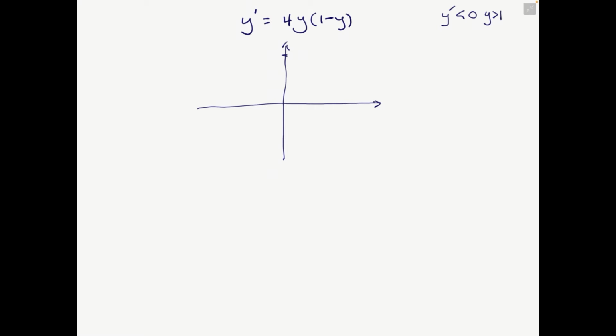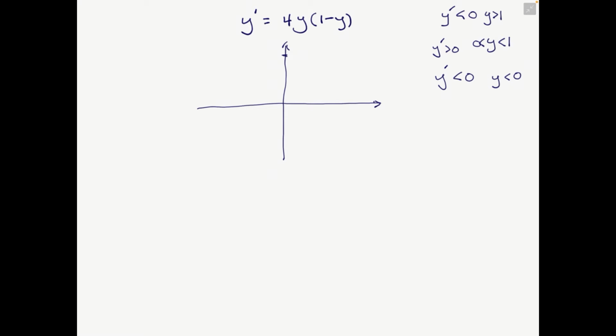For y between 1 and 0, we have y prime greater than 0. But then again, below 0, y less than 0, we have y prime less than 0.